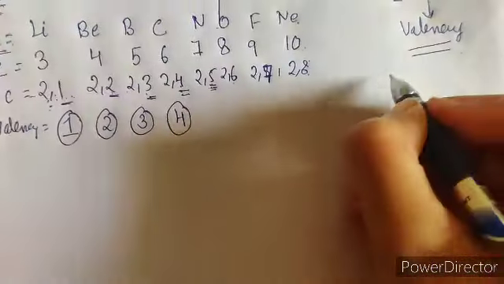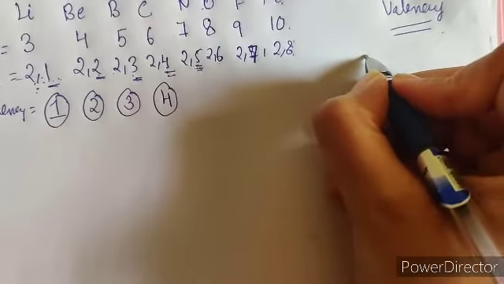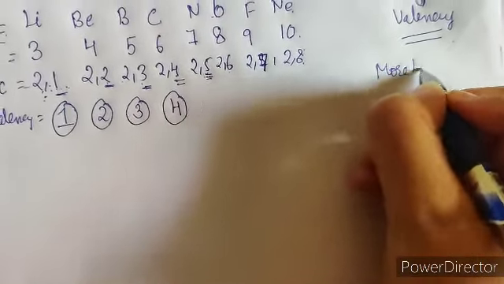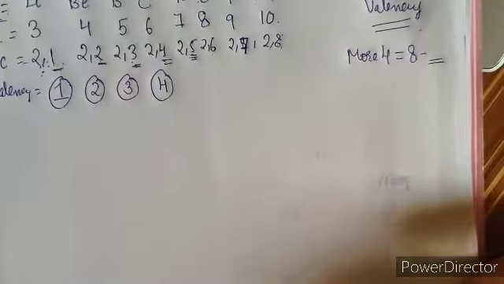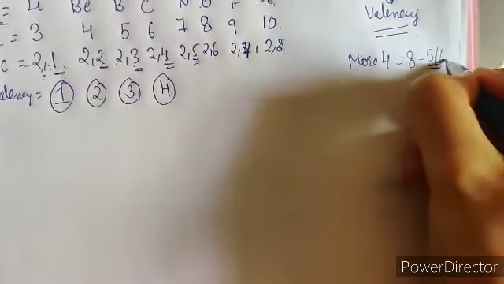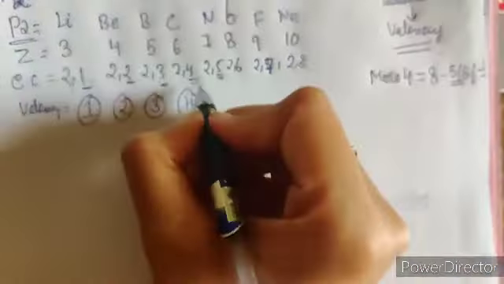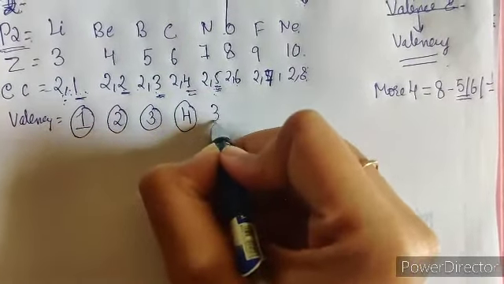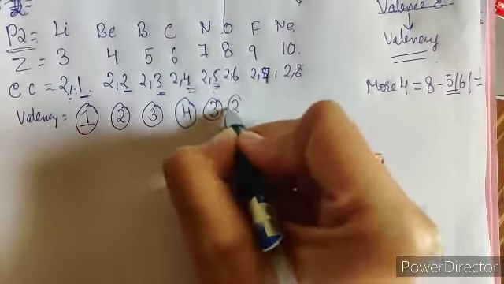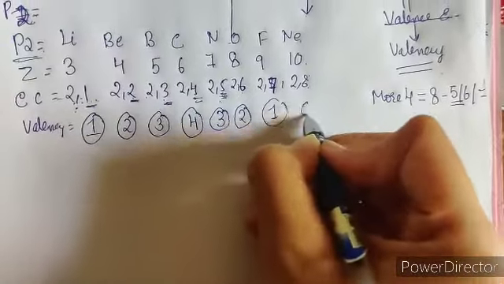And we know the rule: when valence electrons are more than 4, the valency will be 8 minus that particular number. It can be 5, 6, 7. So the valency will be 3, 2, 1 and 0.